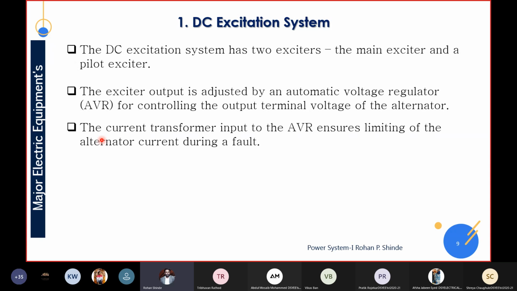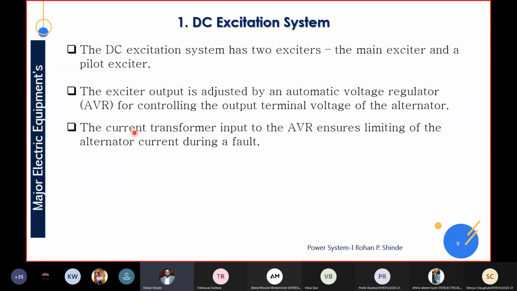Next, the current transformer input to the AVR ensures limiting of the alternator current during the fault. Some current transformers are used in the DC excitation system. A current transformer is a device which is used for two purposes.